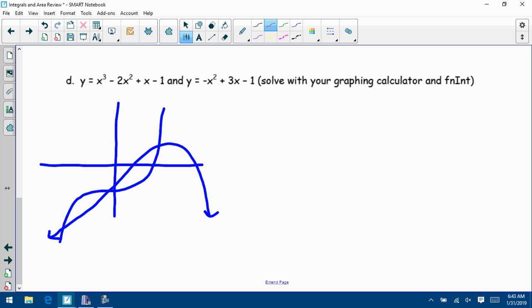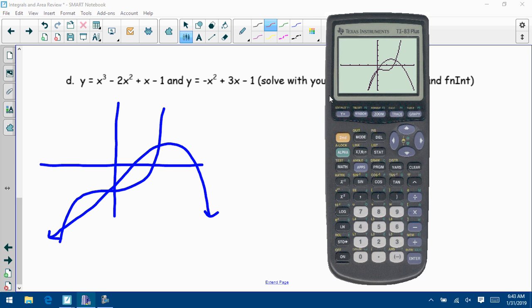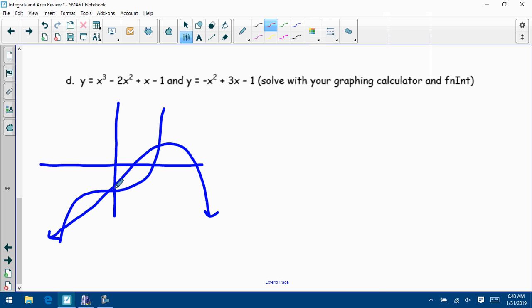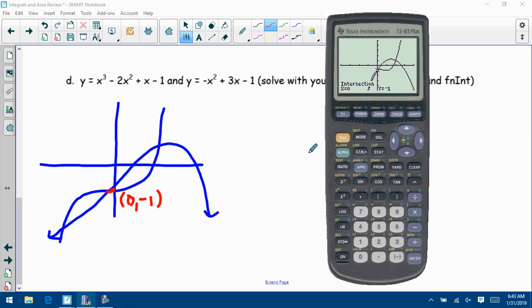So we're going to have to find a bunch of intersection points. We have to find intersections of this region and this region. So second calc, intersect, first curve, second curve, guess. 0, -1 is the first one. So right here is 0, -1. Do it again. Second calc, intersect, first curve, second curve. Let's go this way.